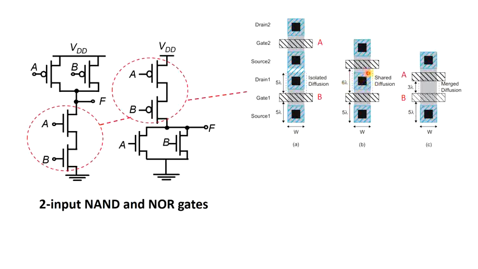Eventually, if you do not need any contact from here or from here, you can think of removing even the metal to diffusion layer contact, which is called merged diffusion, where we can further reduce the area of diffusion, and that means you can further reduce the diffusion capacitance or the parasitic capacitance.